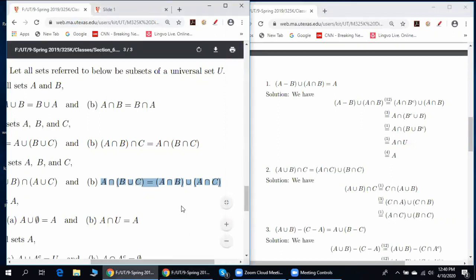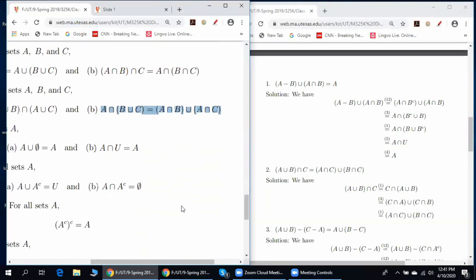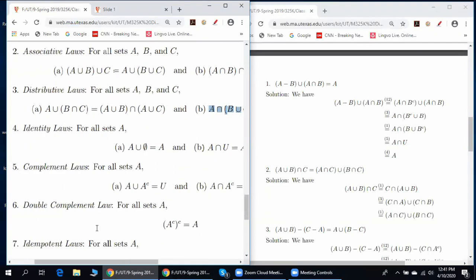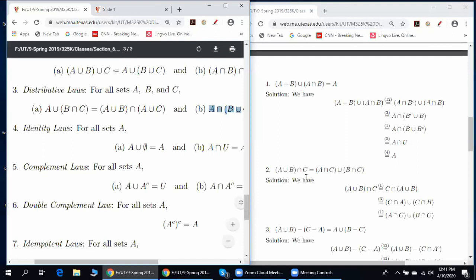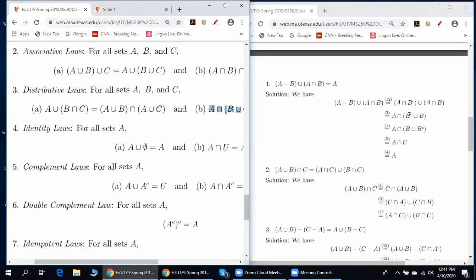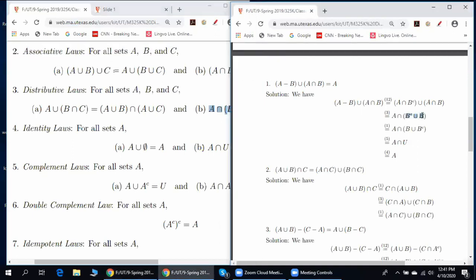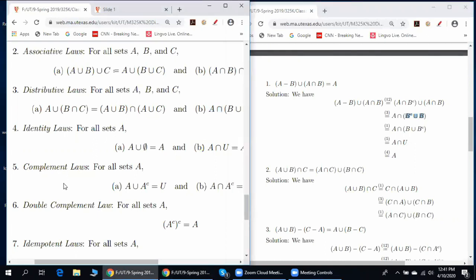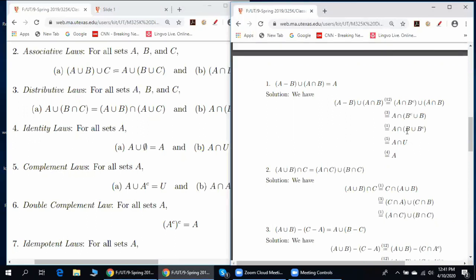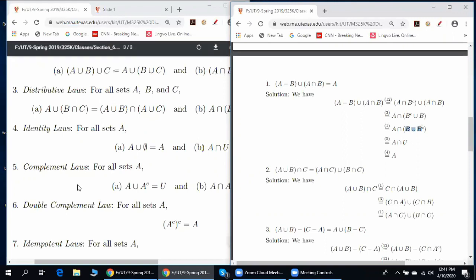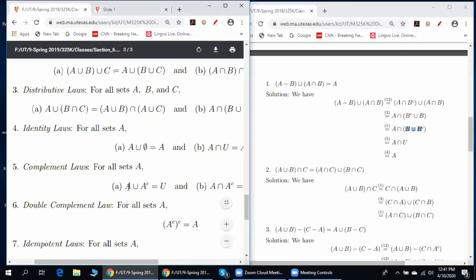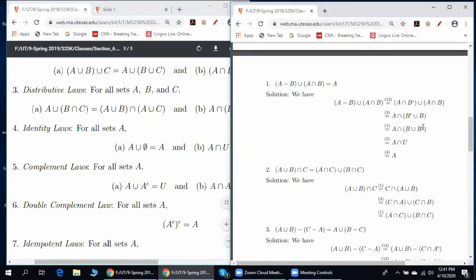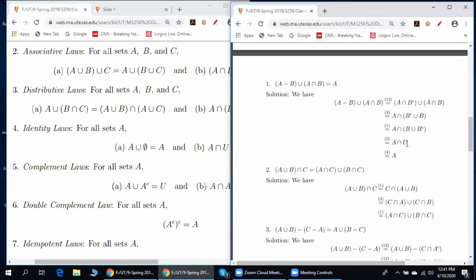Then, and again, be careful, it's a common mistake. Often students use complement law immediately. No, we can't. First, we have to use commutativity, because in complement laws, we don't start with A complement, we start with A. So first, we switch positions, and then by 5A, B union B complement is the universal set.